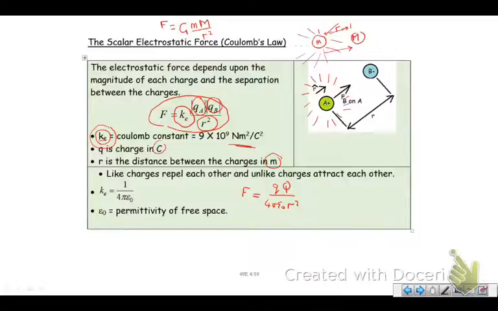It turns out that KE is equal to 1 over 4 pi epsilon naught. The physics people tend to talk in terms of KE, and the engineering people tend to talk in terms of 4 pi epsilon naught. The first time you see the other convention, it's totally off-putting. Sometimes you'll pick up an old textbook and go, what's this equation? Because it's got the old terminology or the EE terminology. So just watch out for that.